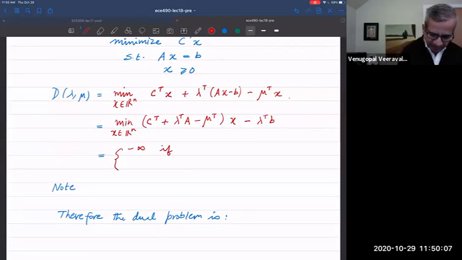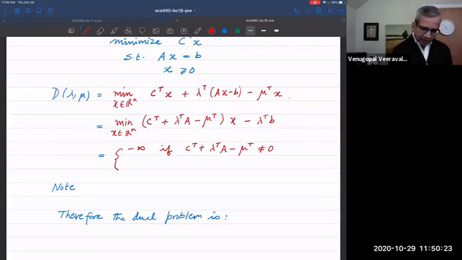So basically the minimum doesn't exist if it's non-zero. And what if it is 0? If this is 0, it disappears, and all you're left with is this. If this quantity is 0, the same thing, transpose.